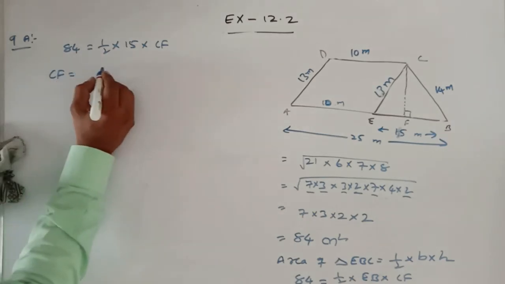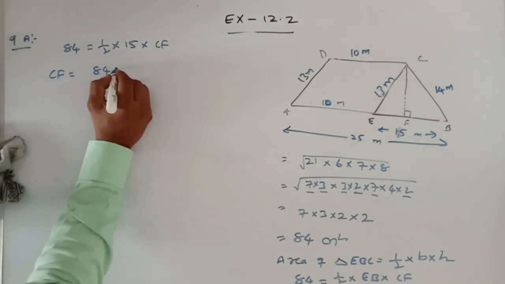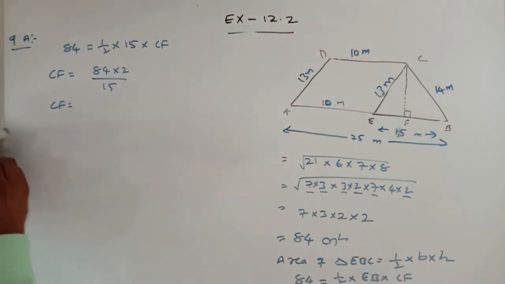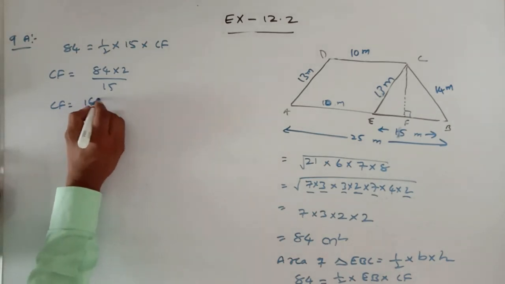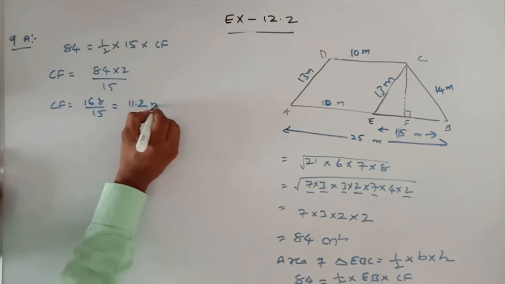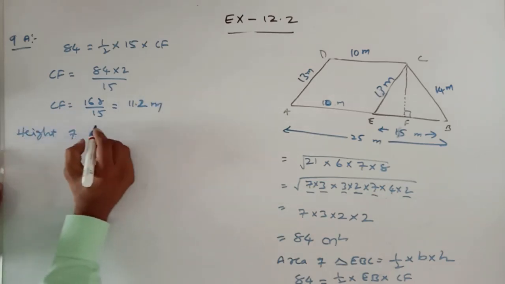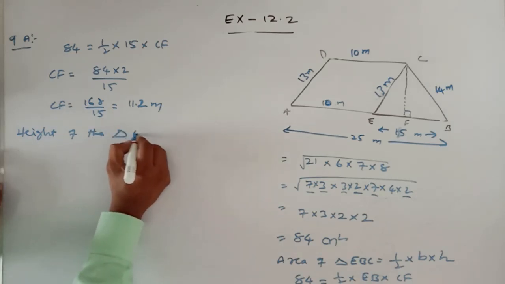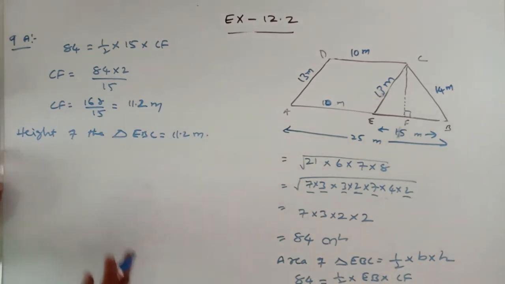CF is equal to 84 into 2 by 15. CF is equal to 168 by 15 is equal to 11.2 meters. Now height of the triangle EBC is equal to 11.2 meters. Now I got the height.